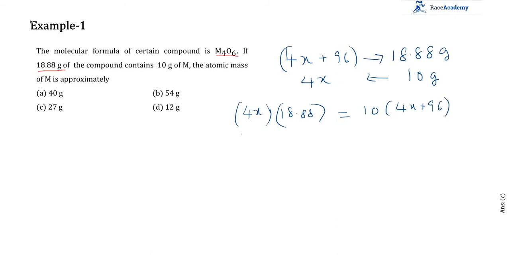If you solve it, you can do 4x into 18.8 and so on. But if you take this 10 to this side, 18.8 by 10, we get (4x by 4x) plus (96 by 4x), which is equal to 1.88. So the 4x by 4x gets cancelled.